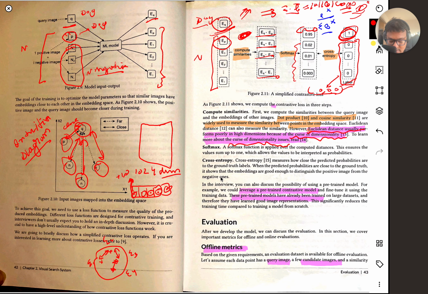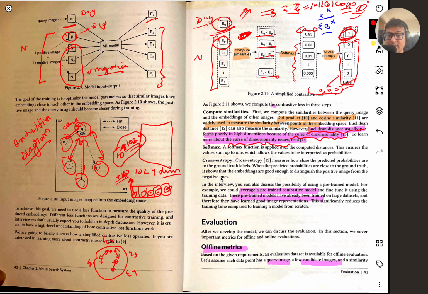Then the number of possible values you can take is 10 to the power of 1024. This number is pretty large, larger than the number of atoms in the universe.